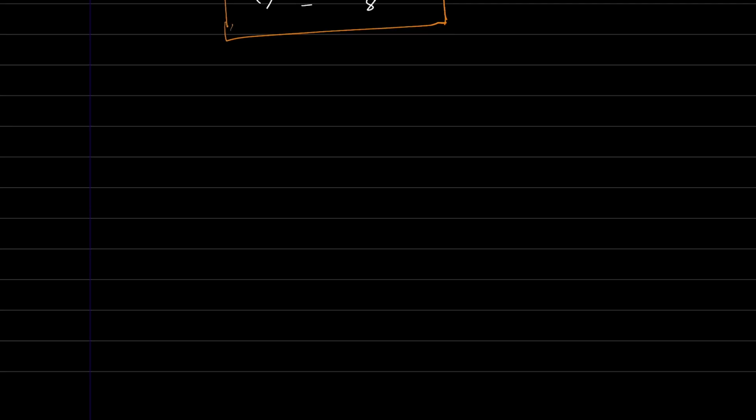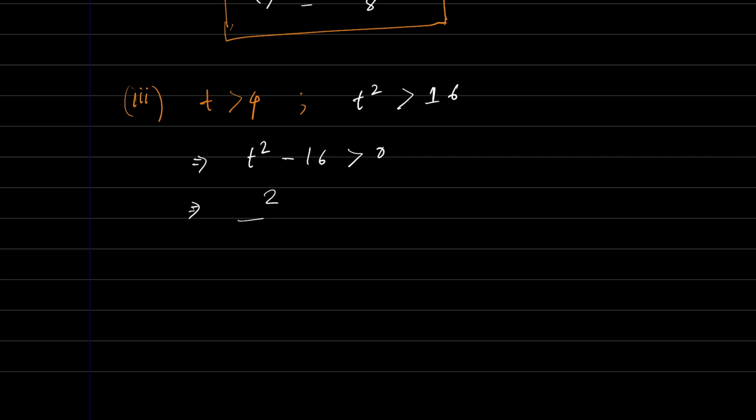What about interval 3? Interval 3 was t greater than 4, so t square would be greater than 16. So t square minus 16 would be positive. So 2 over t square minus 16 would also be positive. So g of t is positive.